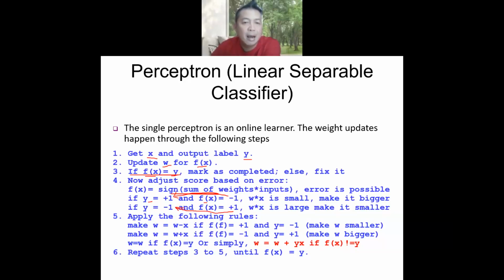So we will apply the update rule that we have here. This is our update rule. So this one will automatically adjust the weightage by themselves. We will repeat step 3 to 5 until all of the predicted output is the same with the actual output that you have.